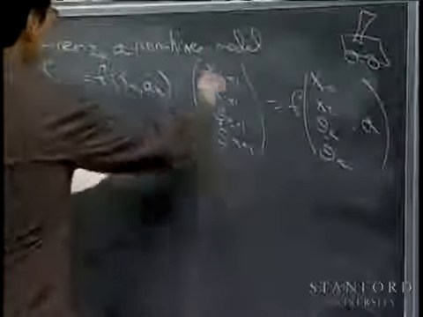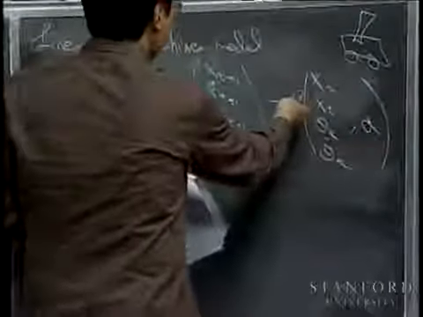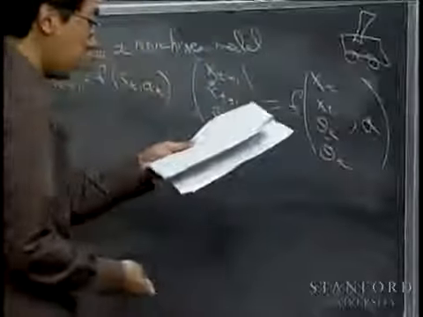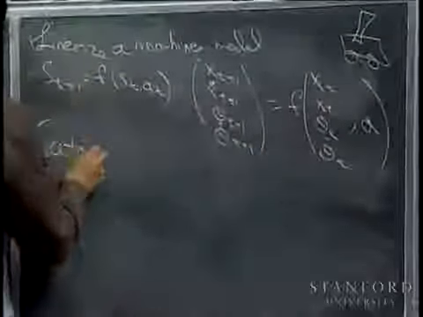And then you can take this nonlinear model, and in general f will be some nonlinear function, and you can then approximate it with a linear function. So what I mean by linearize is the following.